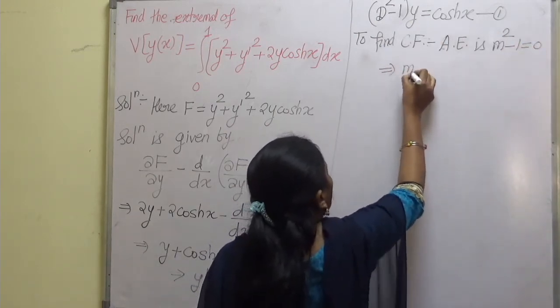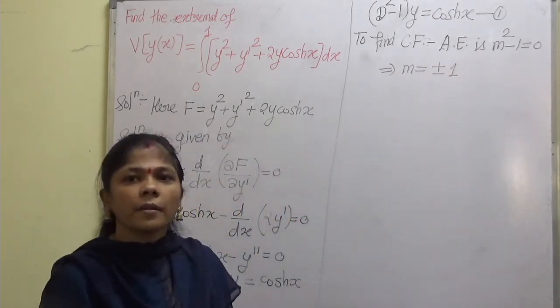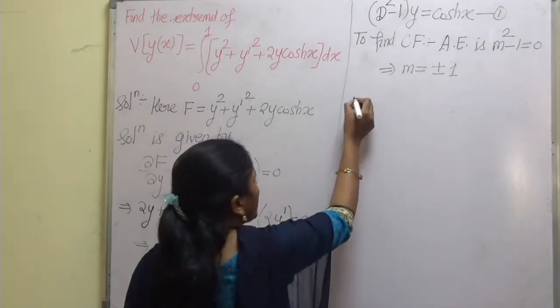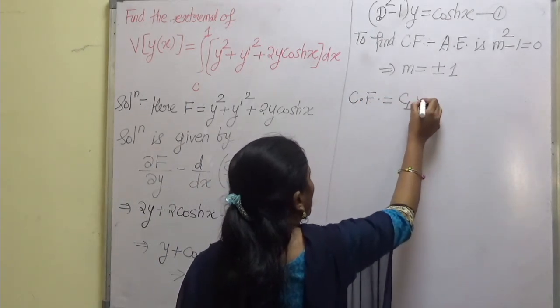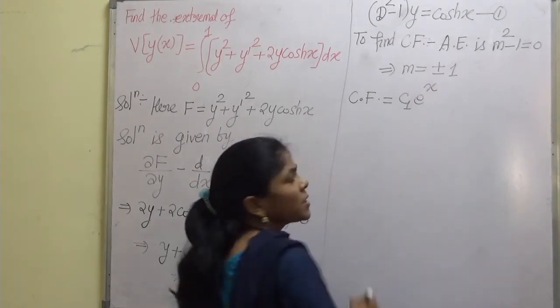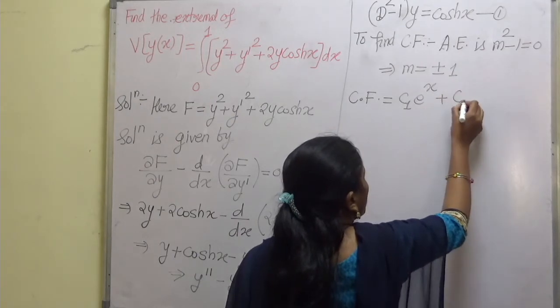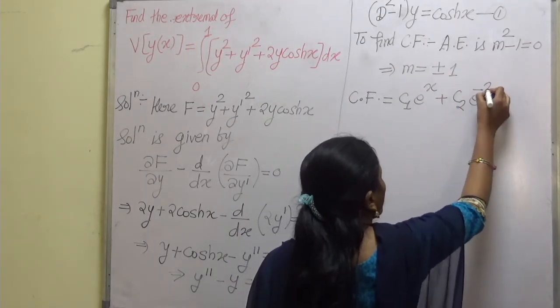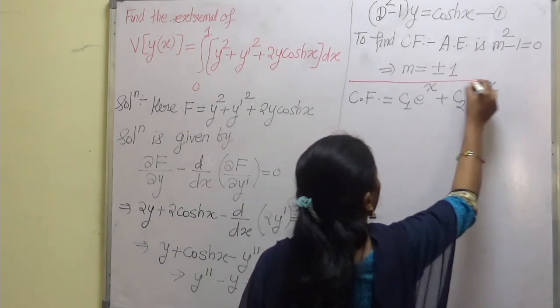This gives m equal to plus minus 1. Now the roots are real and distinct. That's why the complementary function will be, as per the rule, c1 e raised to power first value of m times the independent variable of this equation, what is that? x, plus c2 e raised to power second value, minus 1 times x. So like this we have the complementary function.